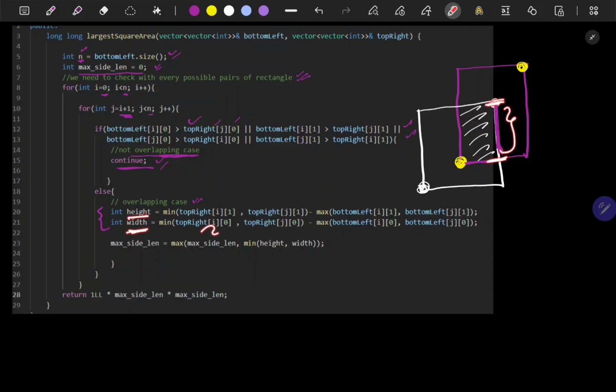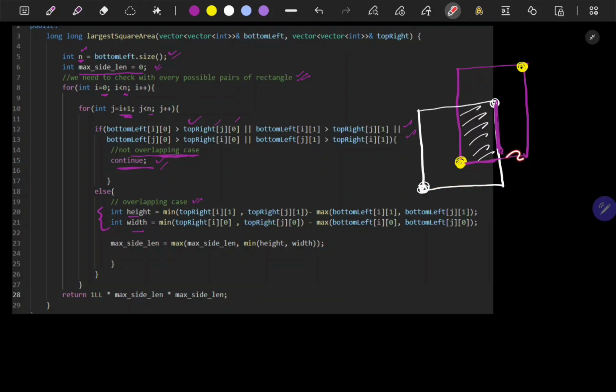Same case in width also. If you see the width, we have to find this one. This one will be this point minus this point. So this length we can eradicate from the total length; if this is the total length, we will subtract this length, then we will get to know this width. How will we get it?